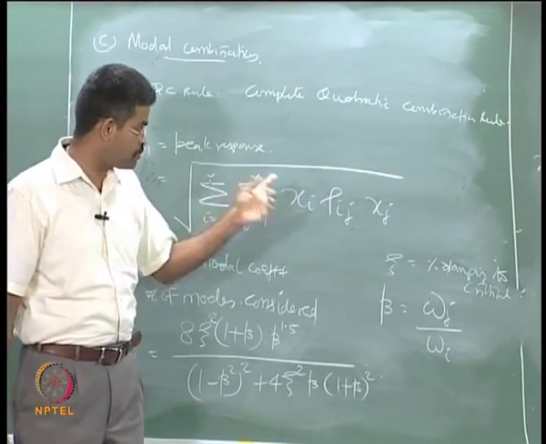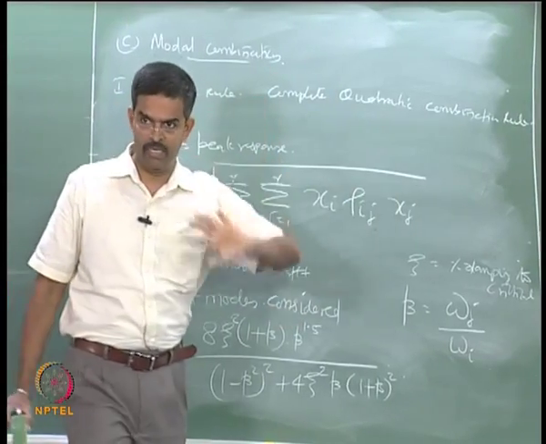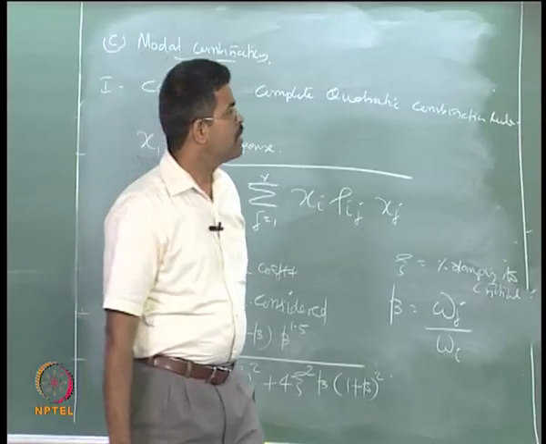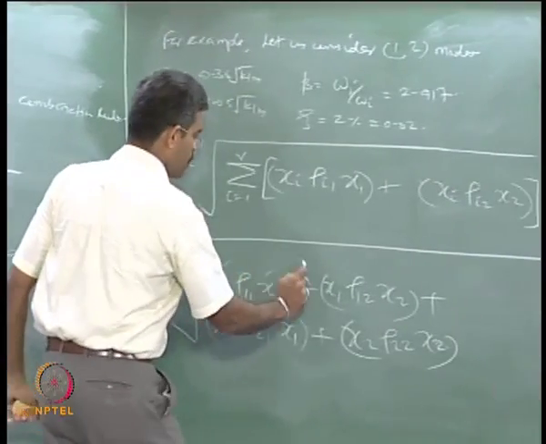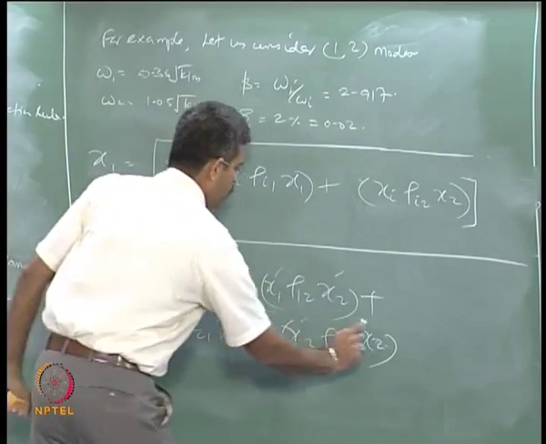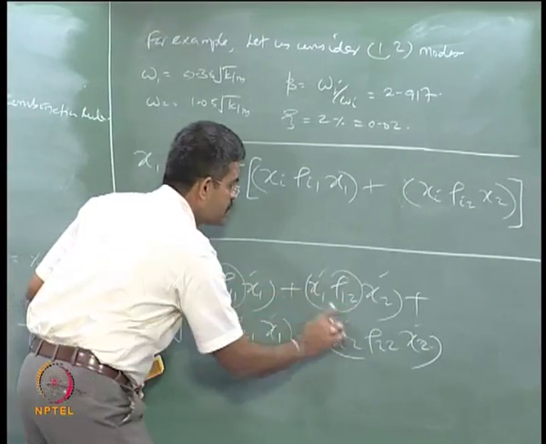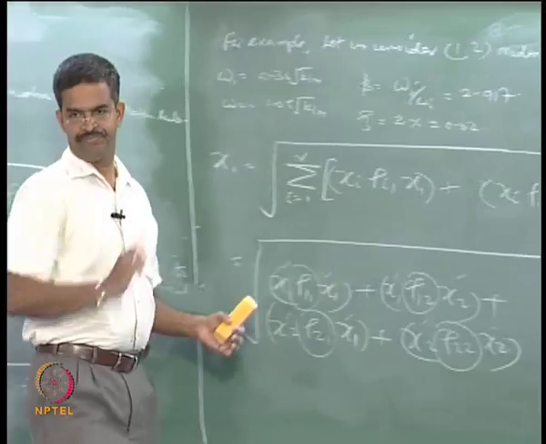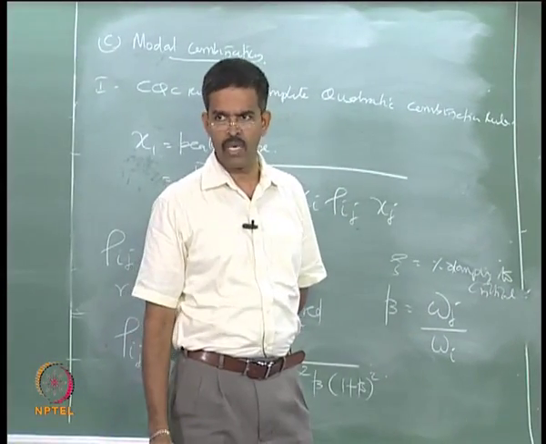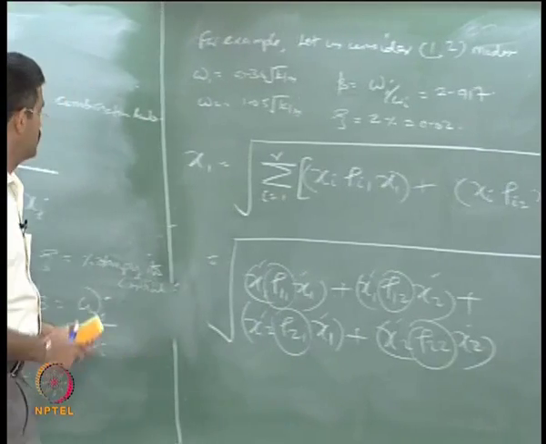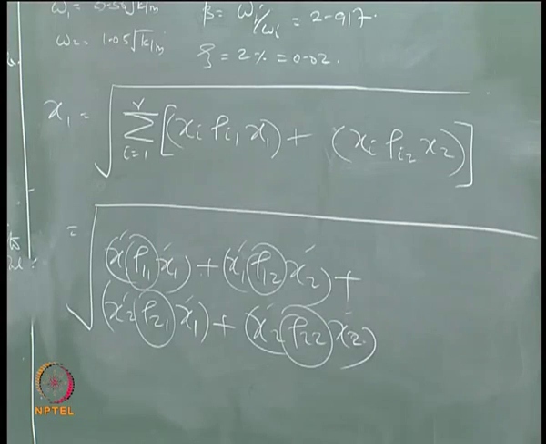So I must have the responses in individual modes separately. So these are not problems for me, provided I know them, I must evaluate these. Let us first evaluate the cross coefficients 12 and 21, see what happens. Remove this.